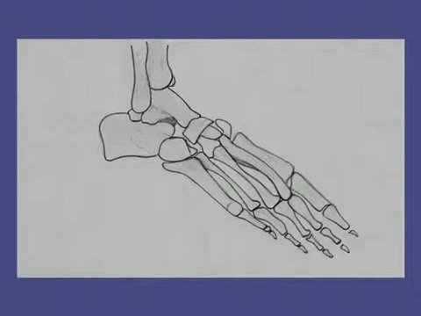Now, the movements of this joint. Movement of the distal tibiofibular joint is also very little, only to accommodate the wedging of the wide portion of the talar trochlea between the malleoli during dorsiflexion. So this is the only movement; a very small amount of movement is available in the distal tibiofibular joint.